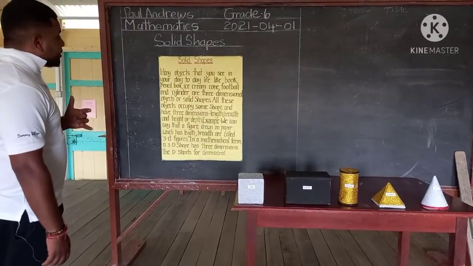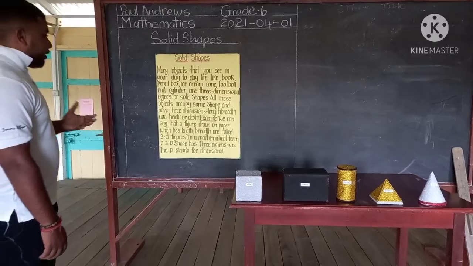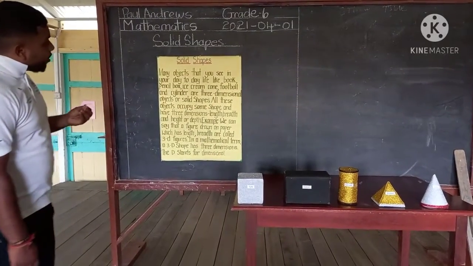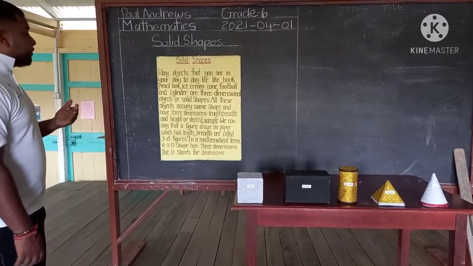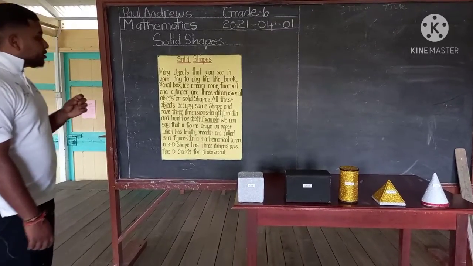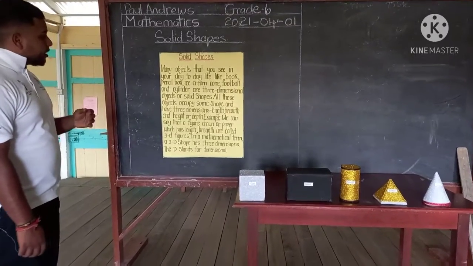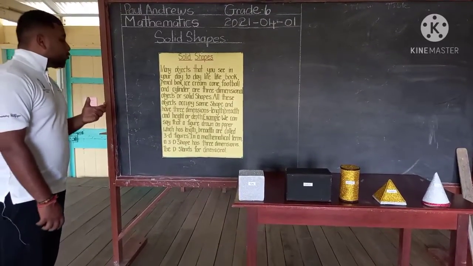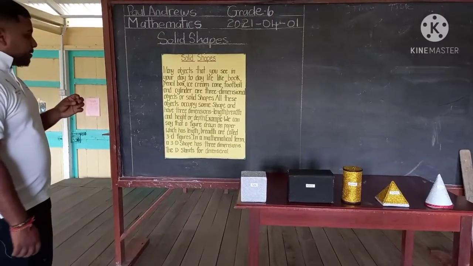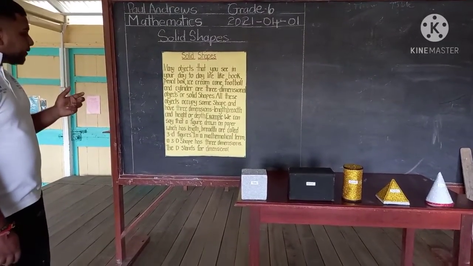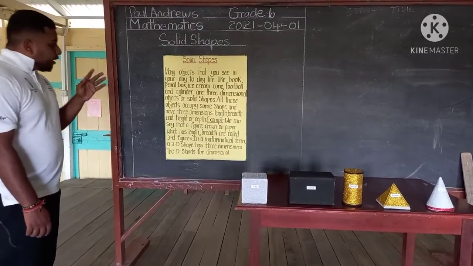Many objects that you see in your day-to-day life, like a book, pencil box, ice cream cone, football, and cylinder, are three-dimensional objects or solid shapes. All these objects occupy some shape and have three dimensions. These dimensions are length, breadth, and height or depth.